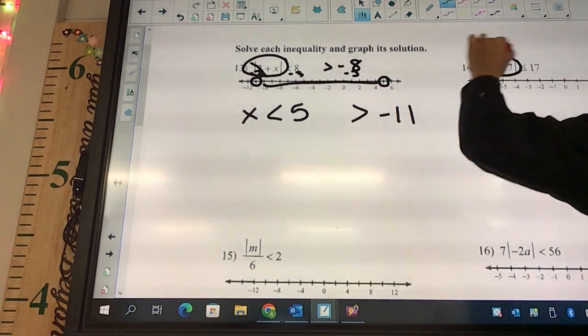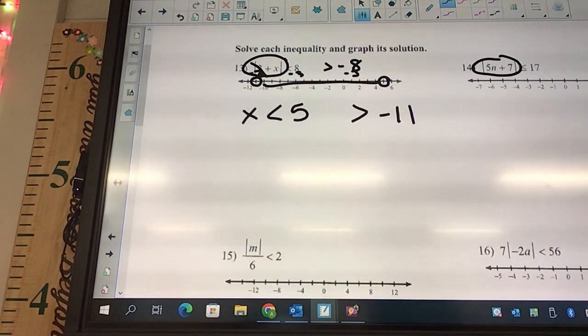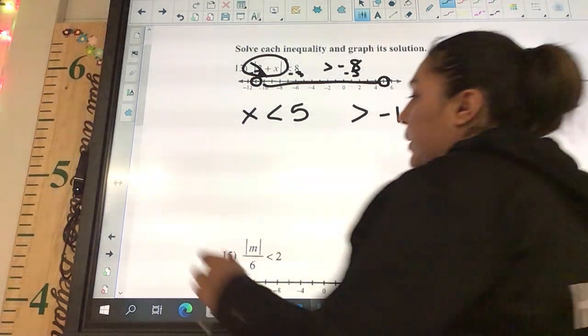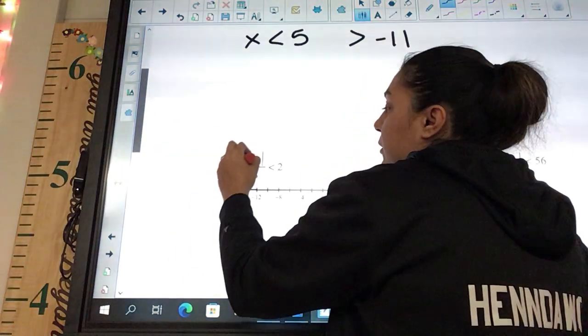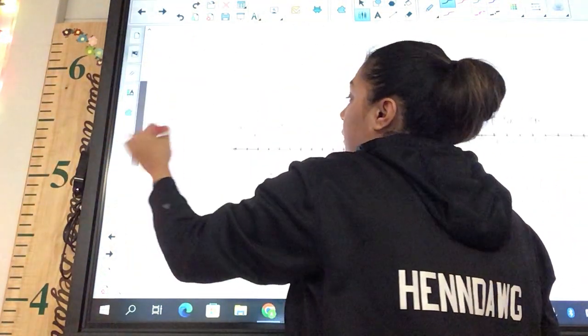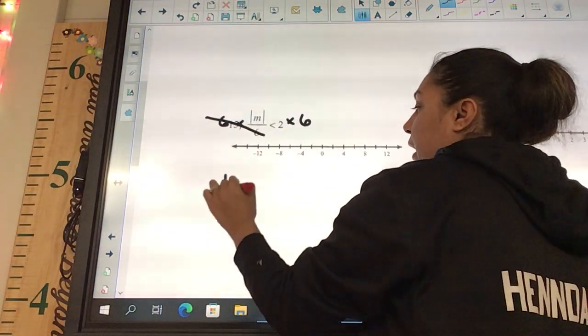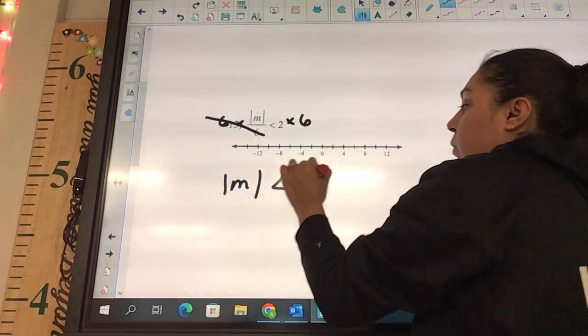Same thing here. So you can go ahead and flip it and make it a negative. See how the 6 is not inside the bars? So your first step is going to be to move that 6. That's what I get for not paying attention. Okay, so our first step is going to be times 6. Okay, so now I got m, that's going to be 12.